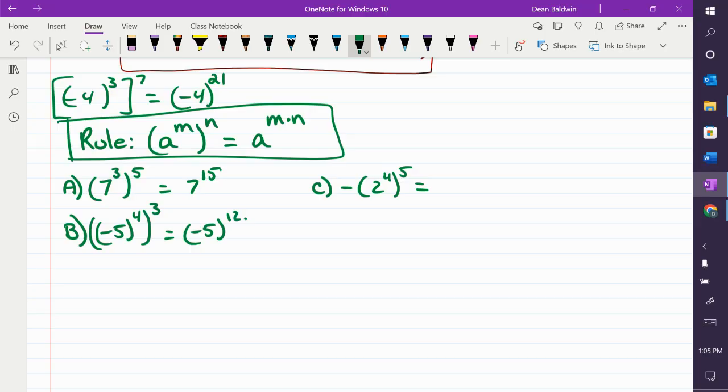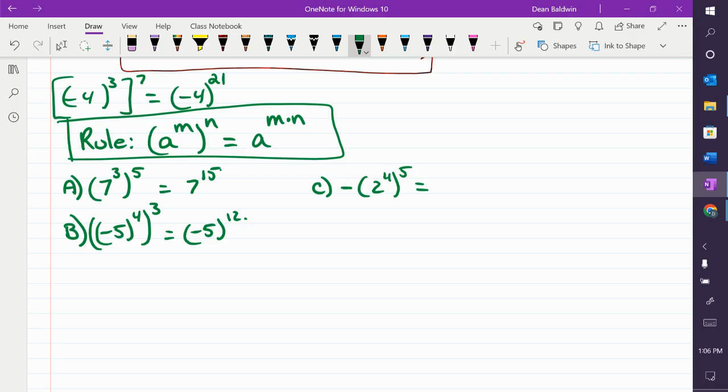What about C? Can anybody tell me what's the base in C? The base is 2. Base 2 to the power of 20. Yes. So this is all you're focused on right now.